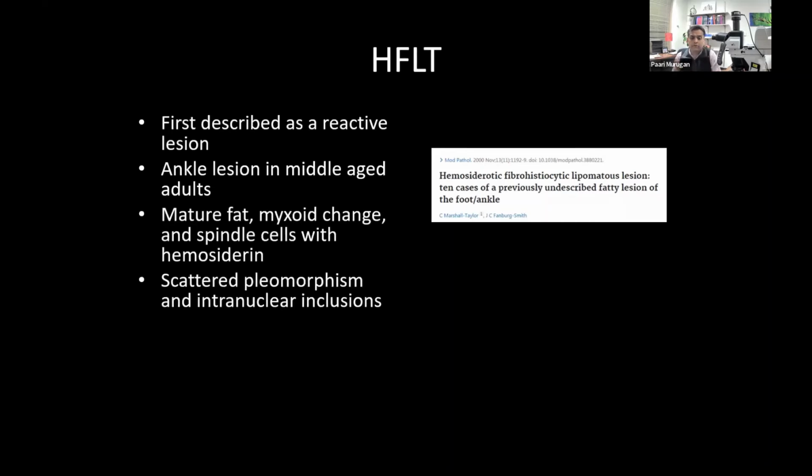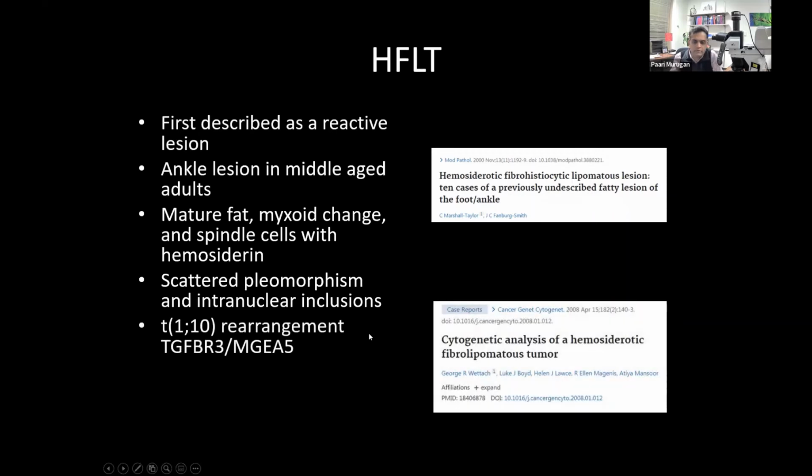We also saw the typical morphologic features that these authors had described in our tumor: mature fat, myxoid change, spindle cells, hemosiderin, and the intranuclear inclusions. So everything was present. However, further studies in a paper published in 2008 showed that these are not reactive lesions.